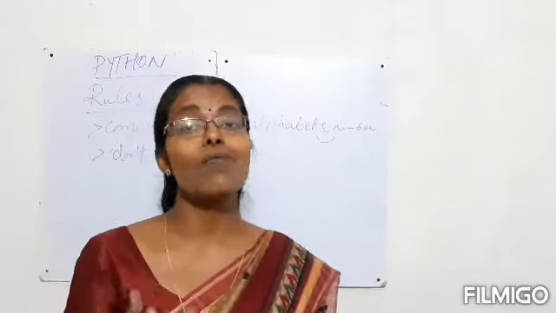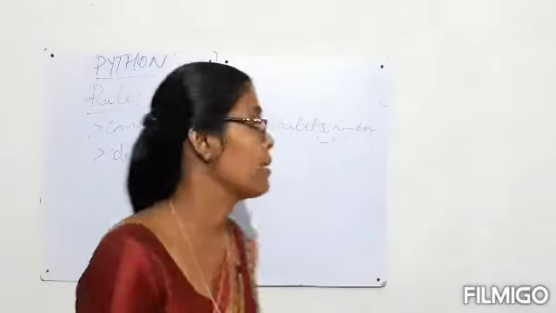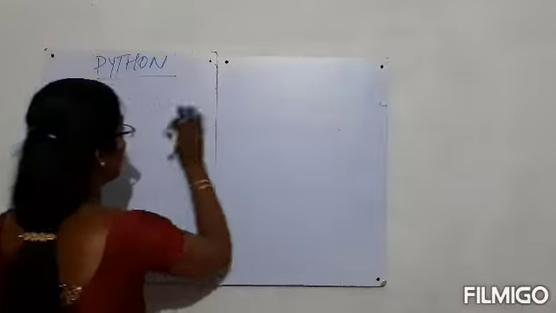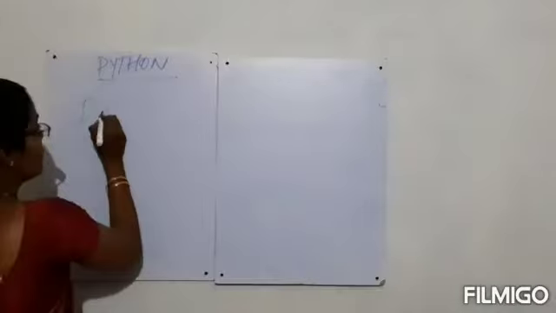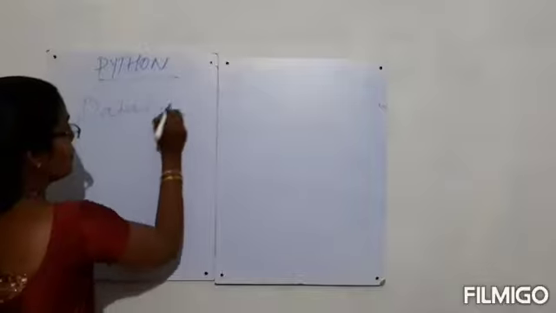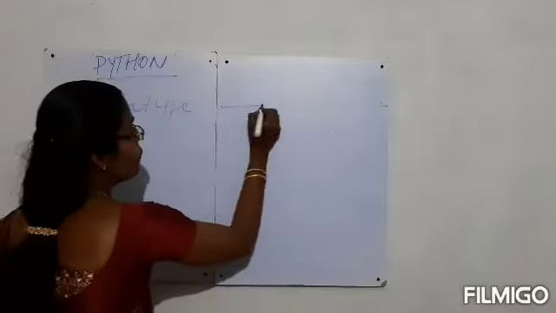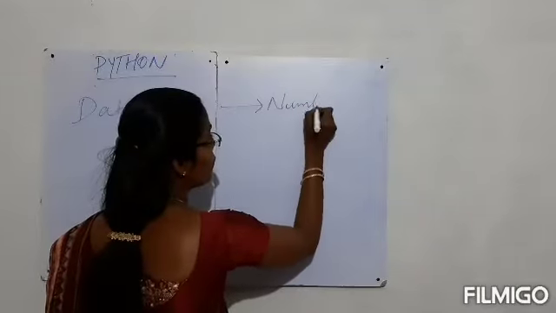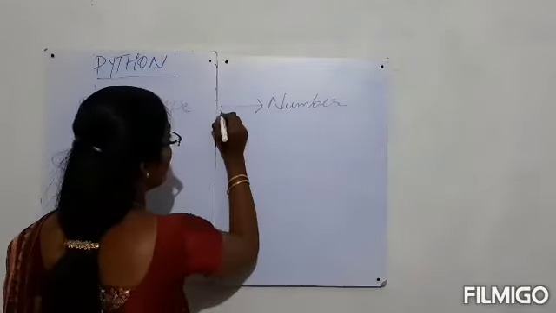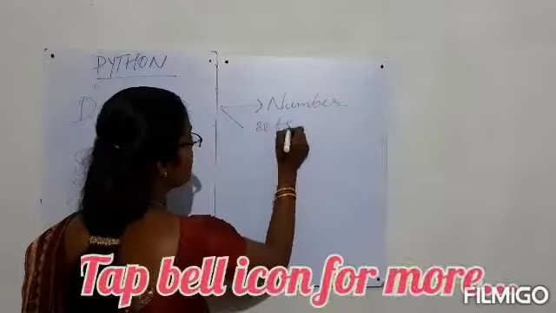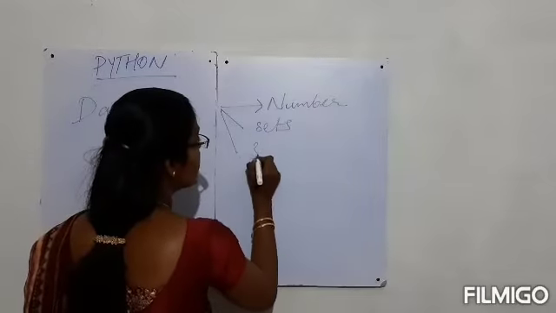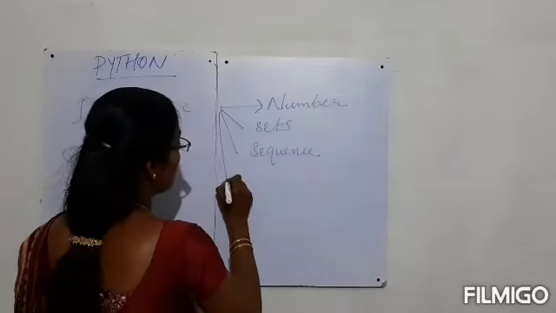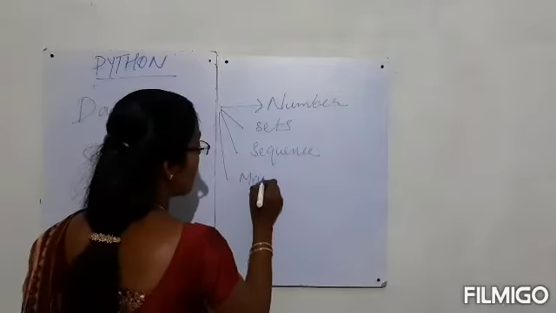Okay, so let us see what data types are available in Python. First one, number. Second one, sets. Third one, sequence. And next one is mapping.